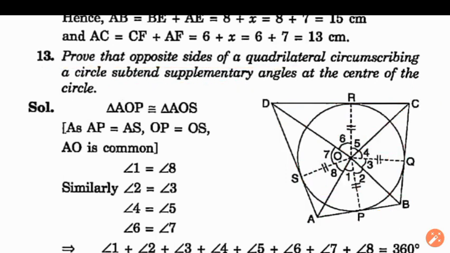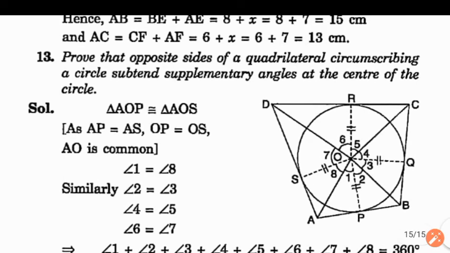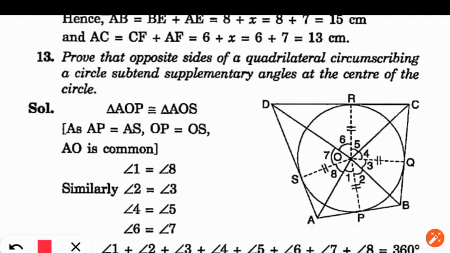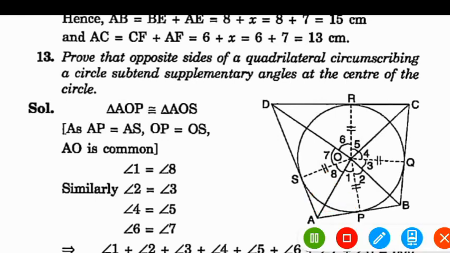So let's do this. First of all, I must say that these two triangles, this triangle and this triangle, they both are congruent. How they are congruent was already shown from the beginning of this video.